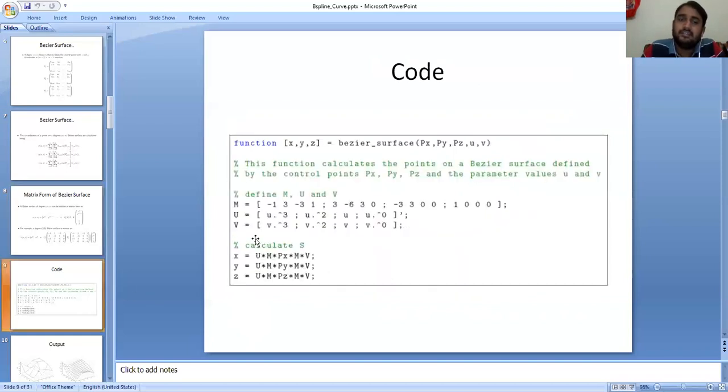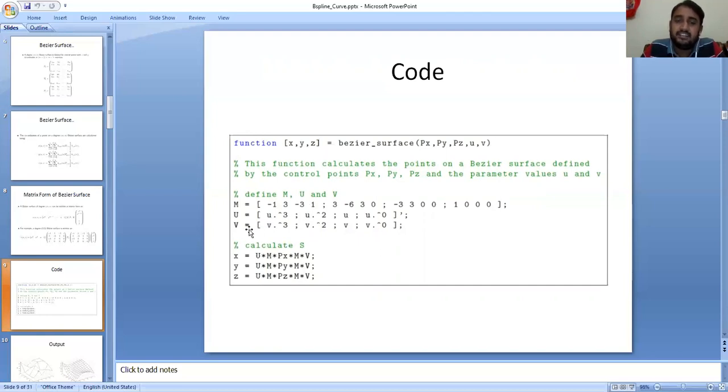Here is the MATLAB code where Px, Py, Pz, U and V are the inputs of the Bezier surface function and x, y, z is the output, where M is the coefficient matrix.